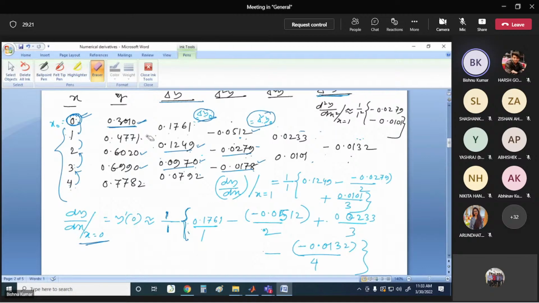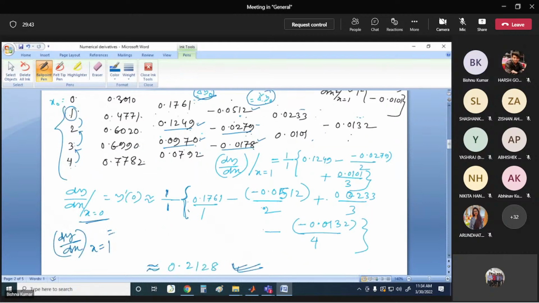Now the question is, sometimes you will be asked for the derivative at the second point. Suppose you are asked for dy by dx at x equals 1, then what will you do?